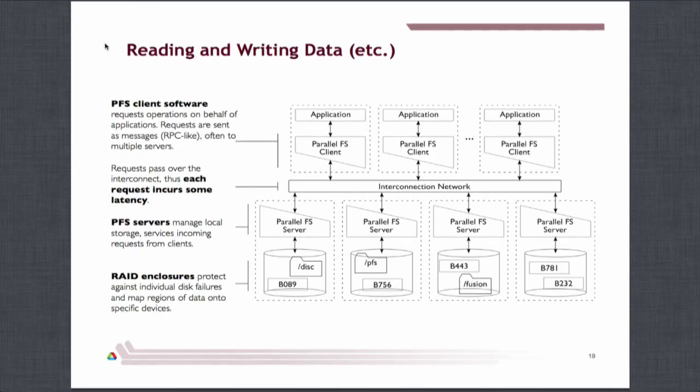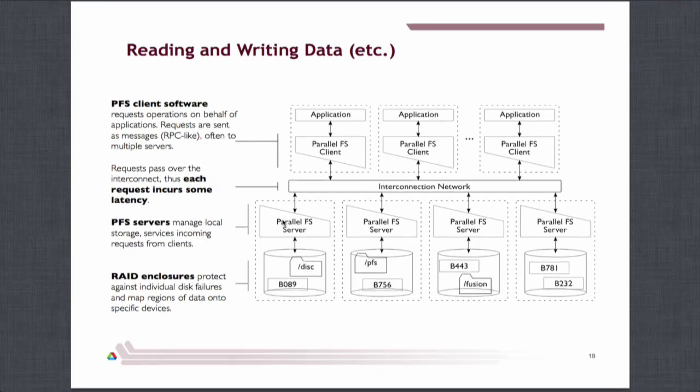So when you go to read and write data, these are the applications along the top row here. And each one has a little bit of software linked into it, or in the operating system on the compute node, that tells it how to access the file system. And the data goes over the interconnection network to a set of parallel file servers.